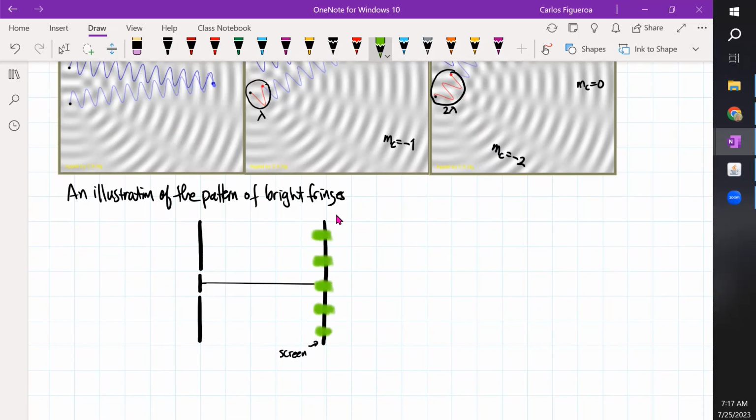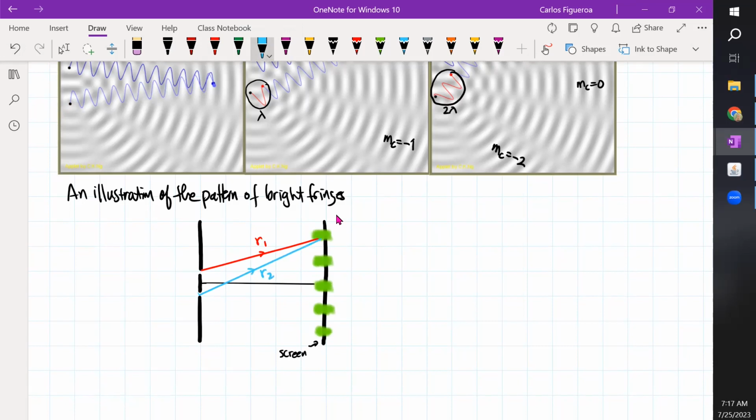I have one wave that goes from here to there, and this will be R1. I have a second wave that also goes to the same location, and this is R2.